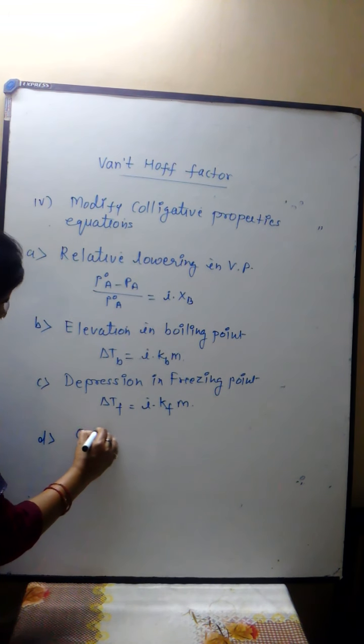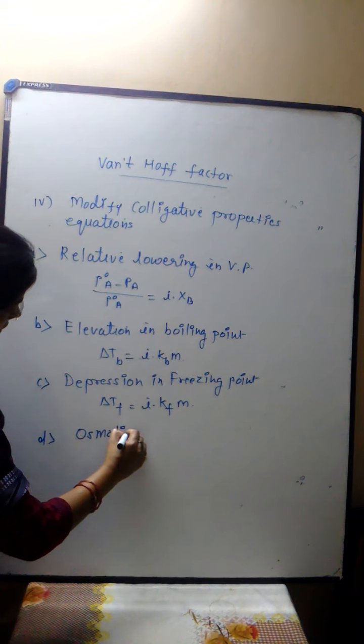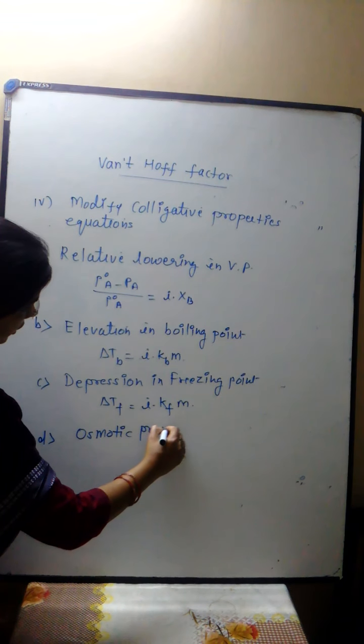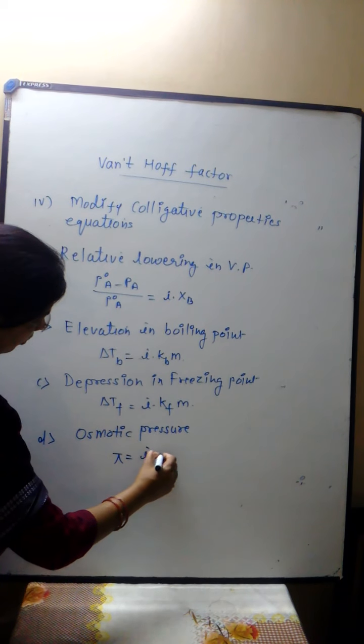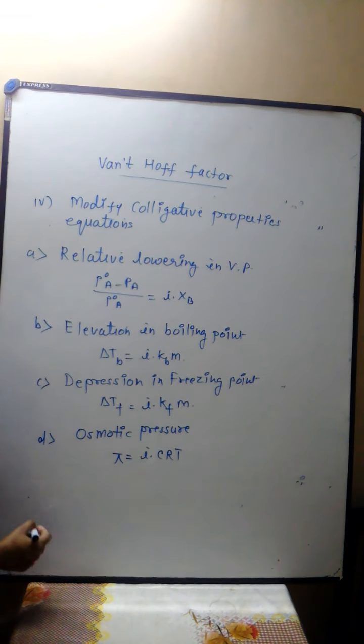And fourth is osmotic pressure: pi equals CRT, so pi equals iCRT. So Van 't Hoff modified all the colligative property equations. With the help of these equations we can find out the value of the Van 't Hoff factor i. So the Van 't Hoff factor is the ratio of the normal molar mass upon the observed molecular mass.